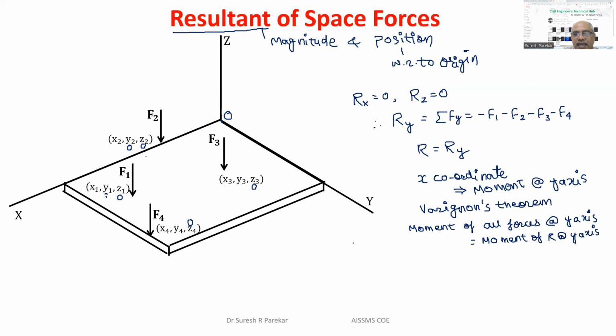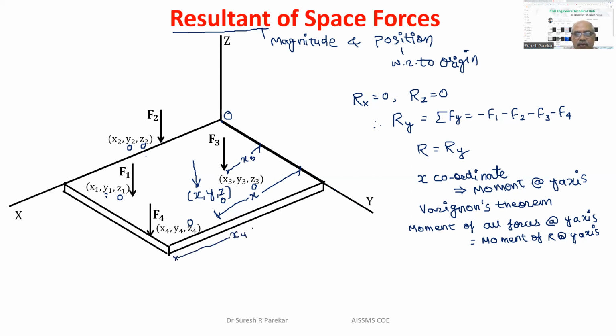Now, let the resultant be acting somewhere here, and we have the coordinates x, y, and z. We know z is 0, so we have x and y. So x is the distance from the y-axis. The distance of F3 is x3, then x4 is this distance.